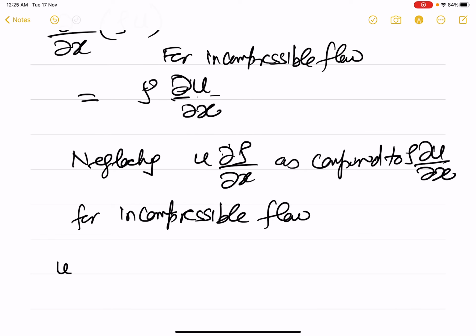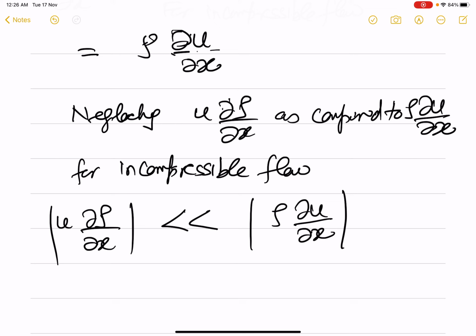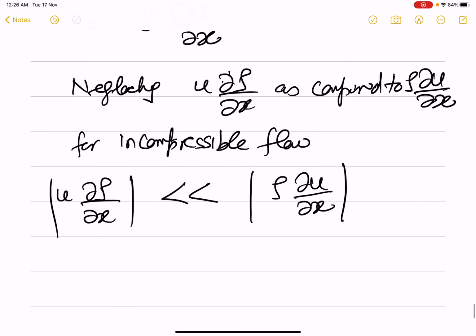So we are writing u partial rho by partial x. The order of magnitude of this is much less than rho partial u by partial x. Now we want to see when is this valid.